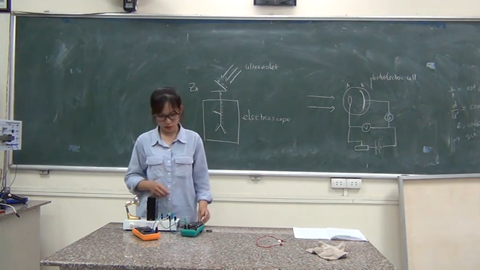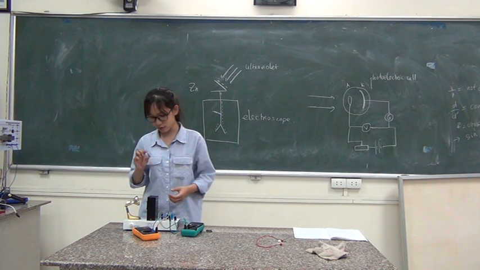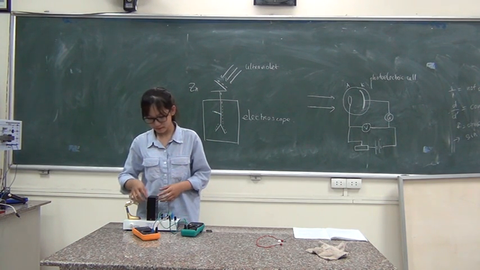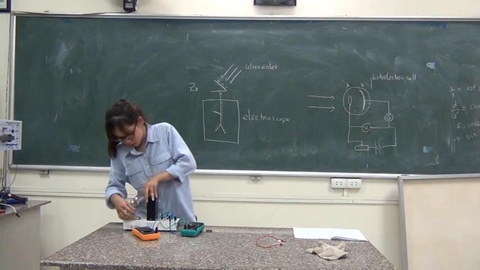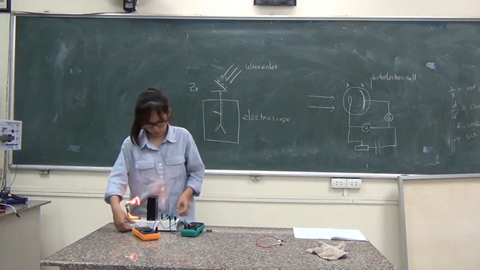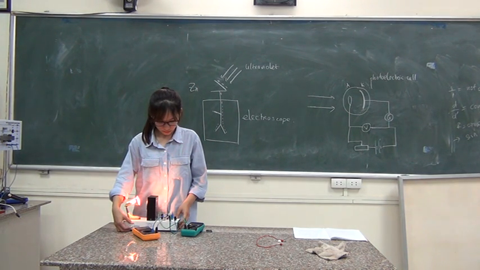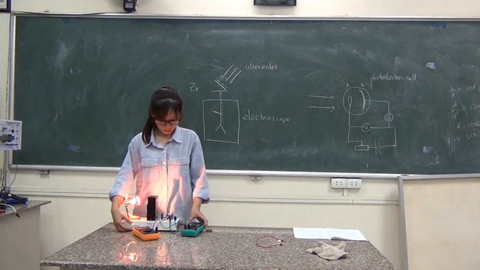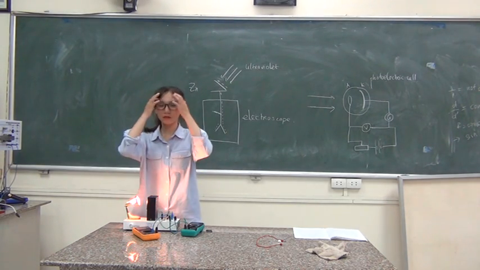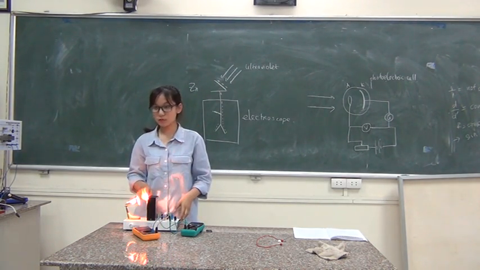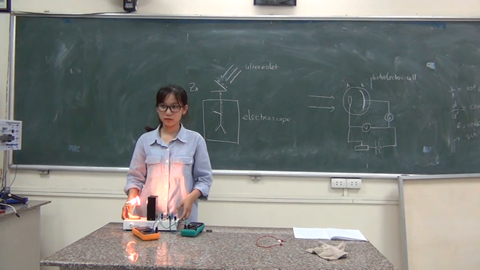So I will change to another filter, the blue one. And we have to make sure that the filter blocks all the other light coming to the cell. Yes. So it means that only one single color of light comes to the cell, in this case a blue one.